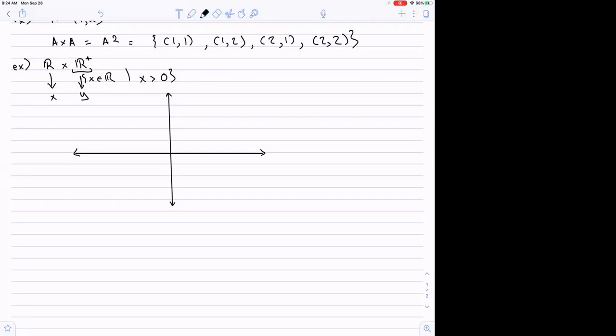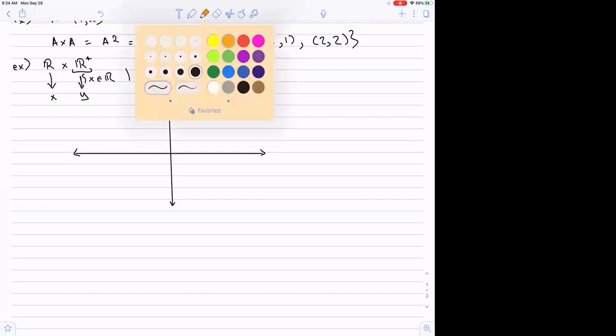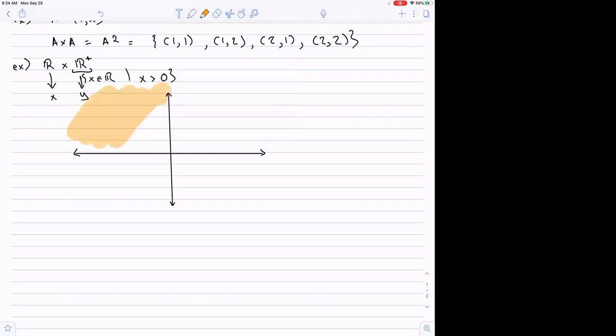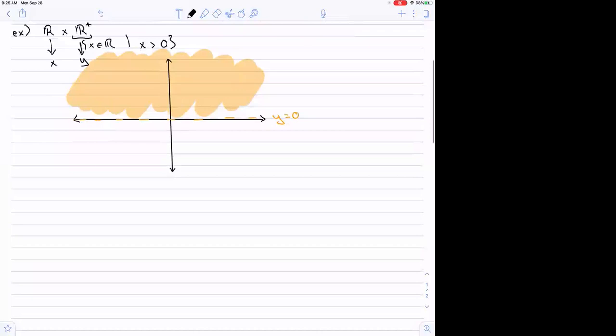If I shade that in, it would look like this part, not including the x-axis, because that's when y is equal to 0, and we want R positive, so we don't want 0. So that's another example of a Cartesian product. Does anybody have any questions about this example?